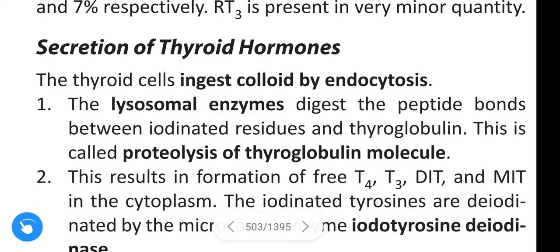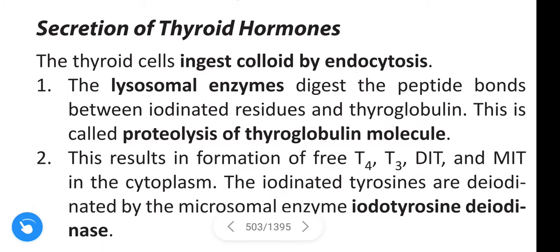Next, secretion of thyroid hormones. The thyroid cells ingest colloid by endocytosis. The lysosomal enzymes digest the peptide bonds between the iodinated residues and thyroglobulin.